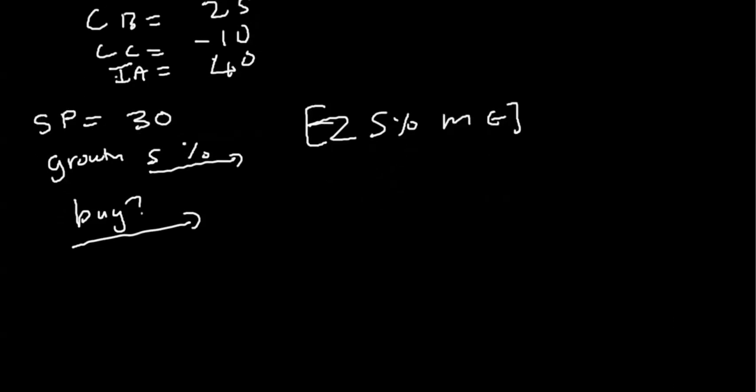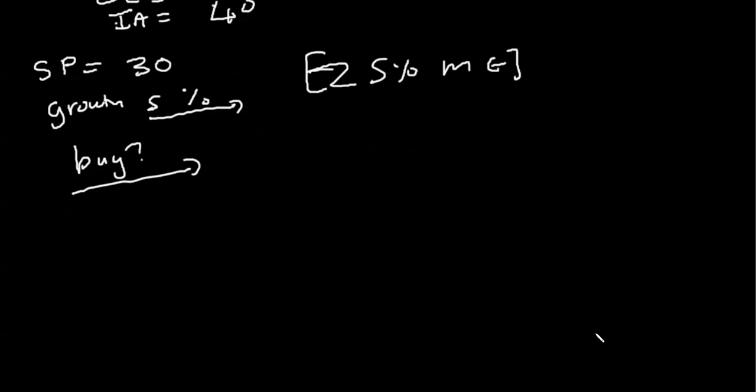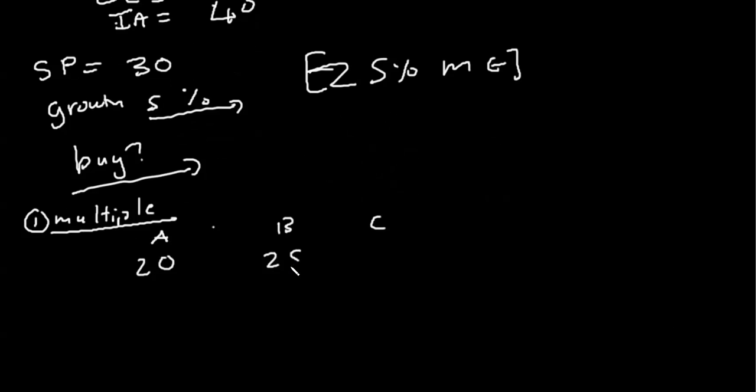In answering this question, what will be important is firstly determining the multiple, right? Now, the multiple in this case, we know that we've got company A, company B, company C. Company A has a PE ratio of 20, company B 25, this is minus 10, and then the industry average is 40.